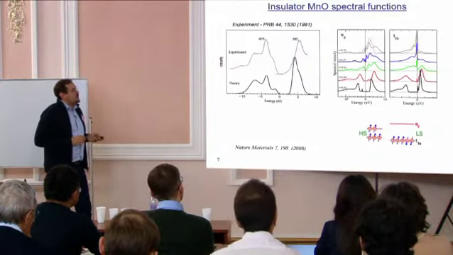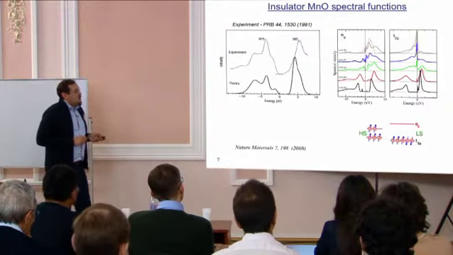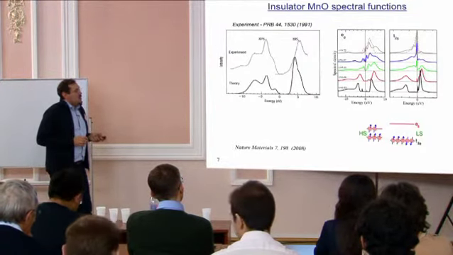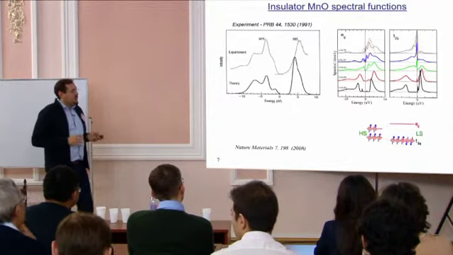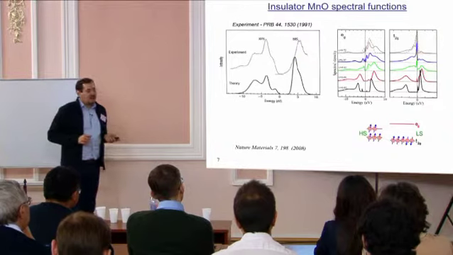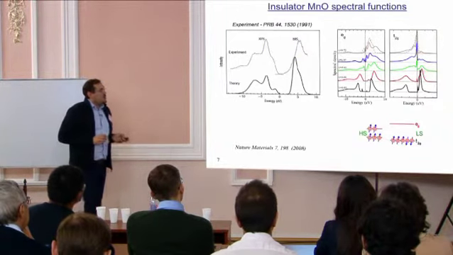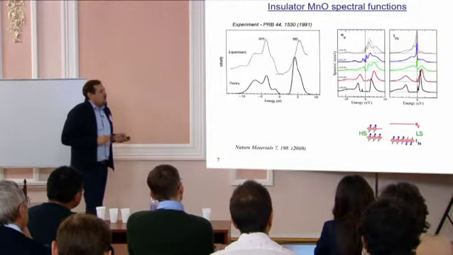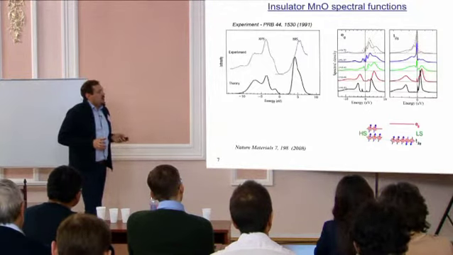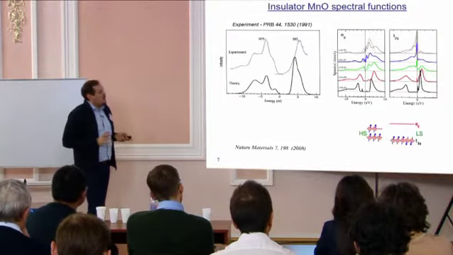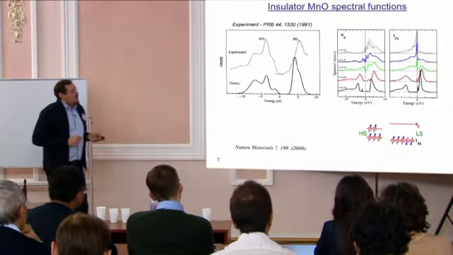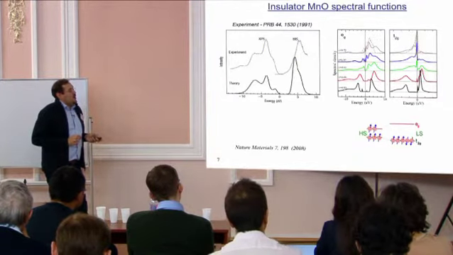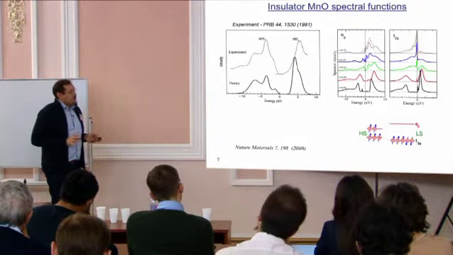It corresponds to the following theoretical situation: at ambient pressure we have a high spin configuration because we have five electrons in the manganese oxide 3D shell. Applying pressure, we go into a low spin configuration where we have a low spin value, and all five electrons are moved onto T2G states, and the EG states go up.